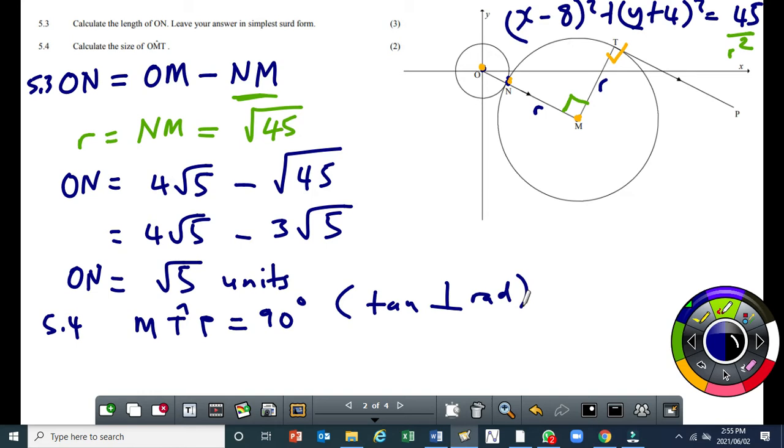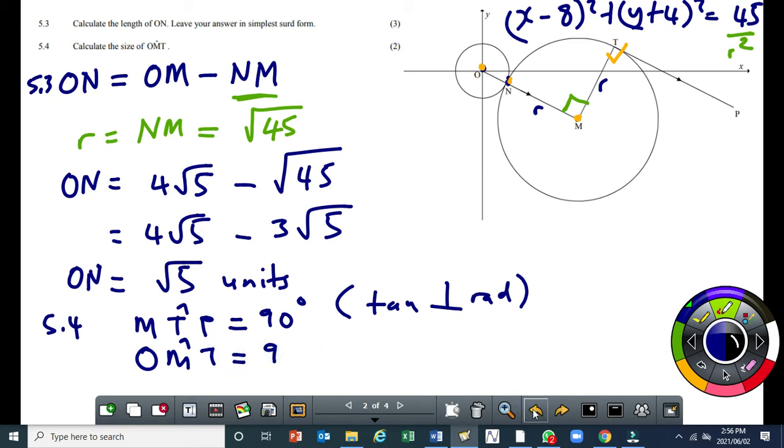So you have to go back, especially tangents, theorems of tangents. Then we are also given, so we say OMT is equal to 90 degrees.